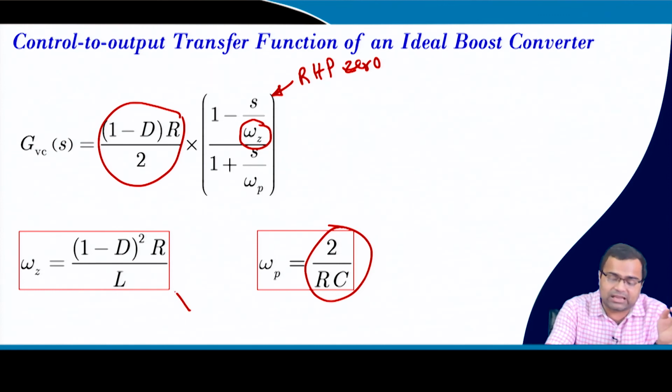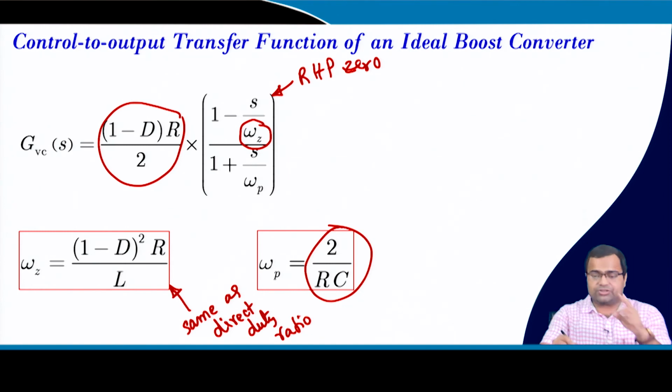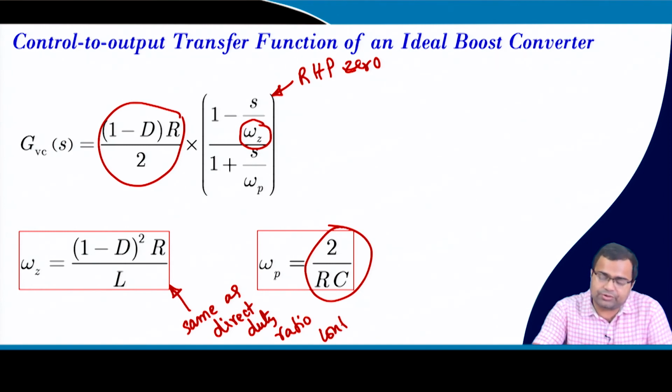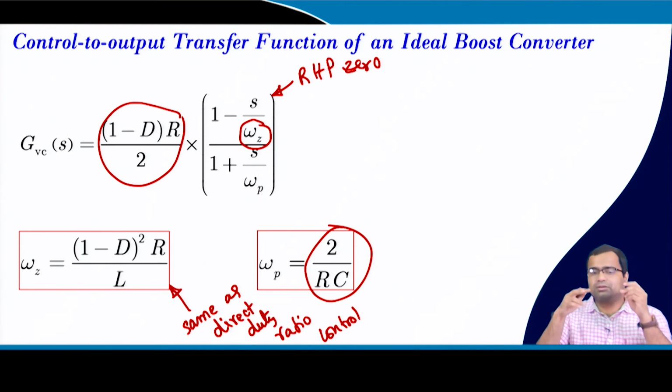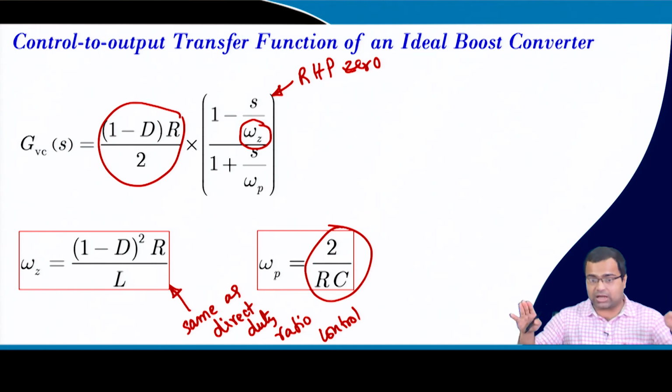the location of the RHP zero is exactly the same as in direct duty ratio control. That means when you take the duty ratio control, when you talk about the control to output transfer function by varying the perturbation in the duty ratio, here we have closed the current loop.